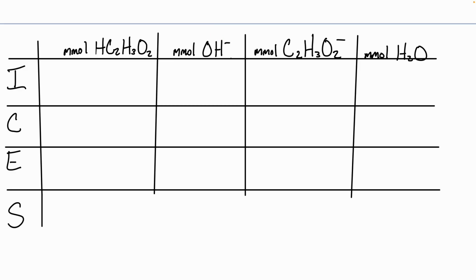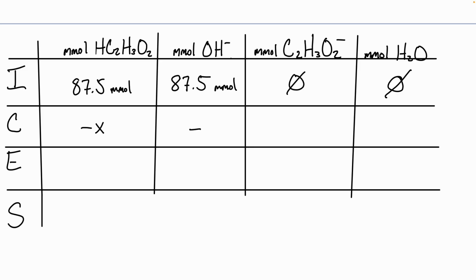We said that we had our same initial 87.5 millimoles of our weak acid, and if we're at the equivalence point, how many millimoles of strong base must I have? 87.5. None, none.